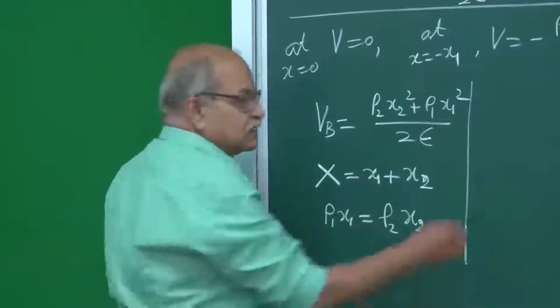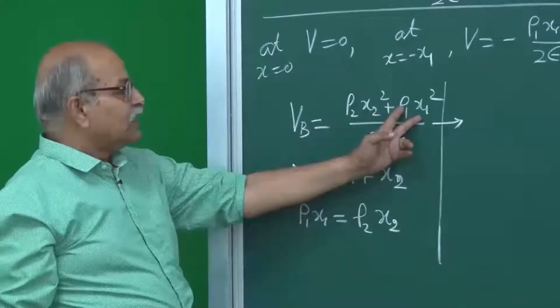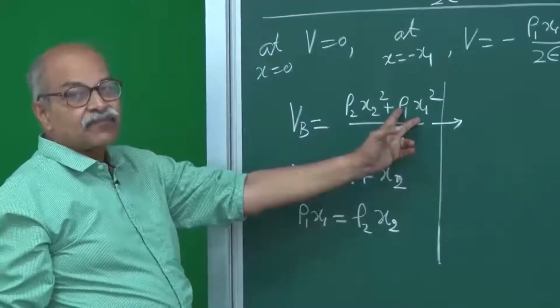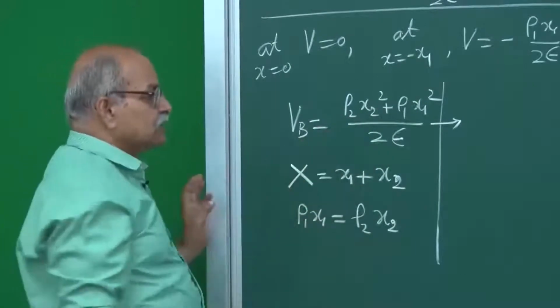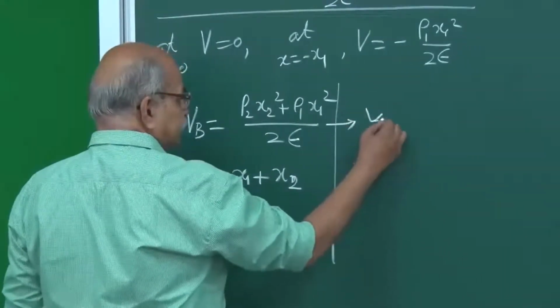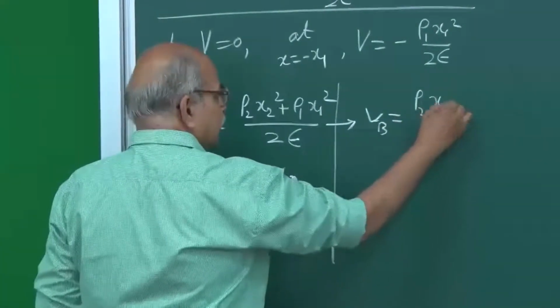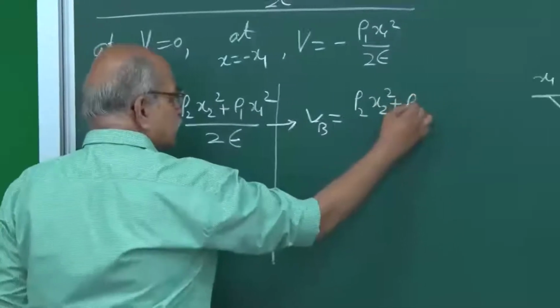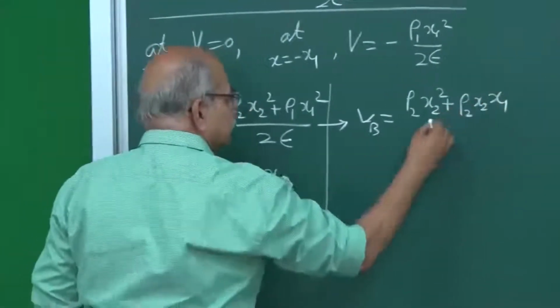So the first step is to write this rho 1 x1 as rho 2 x2. Use this equation here. So this VB is equal to rho 2 x2 square plus rho 2 x2 and x1.